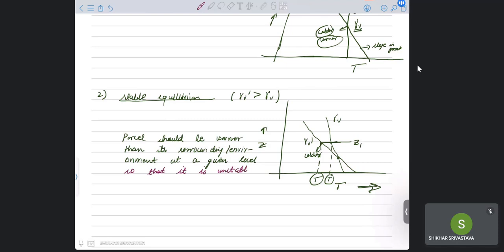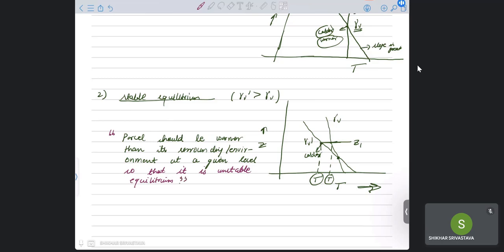For unstable equilibrium, the parcel should be warmer. And the parcel can only be warmer if its lapse rate is less than the lapse rate of the environment. The rate at which the temperature of the parcel decreases is less than the rate at which the environment temperature decreases. Okay, so this is the point I'm writing in double quotes.